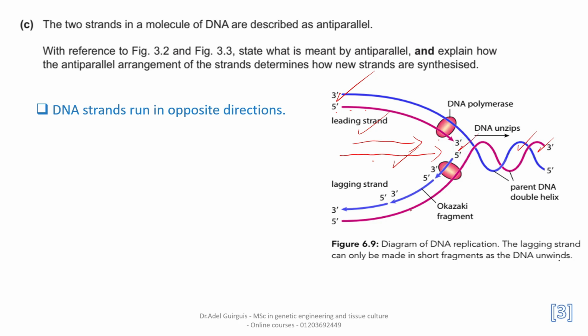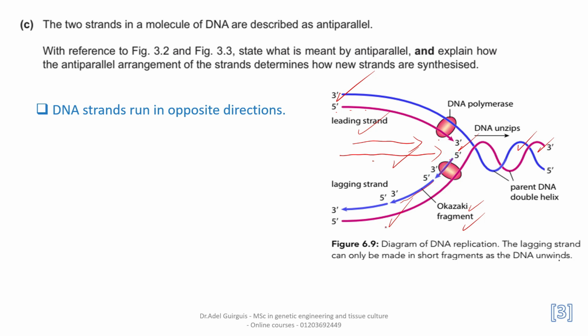While, what about the second strand? DNA polymerase is unable to move in the opposite direction. So, DNA polymerase can make certain pieces of DNA called Okazaki fragments, like these blue arrows.